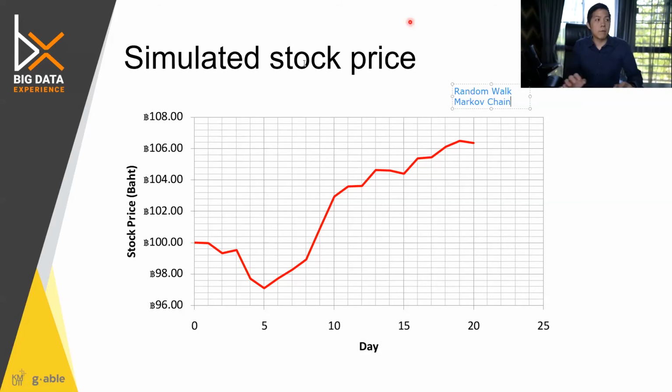This is a simple form of Markov chain and random walk. For just one stock price, you can simulate it out. And it has roots that link to the famous Einstein and Brownian motion that is studied in science as well.